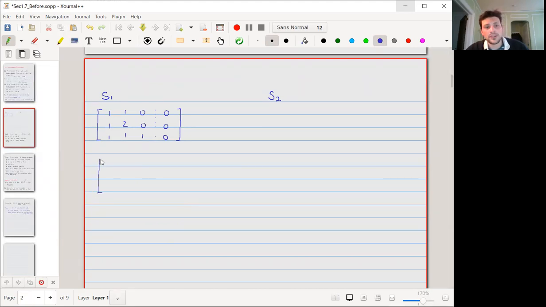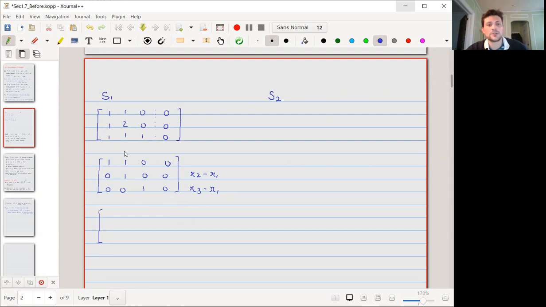The way to solve this system is the usual one. We'll use Gaussian elimination, which means that in the second row, I'll replace it with itself minus the first. So I'll get 0, 1, 0, 0. And the third row will be itself minus the first: 0, 0, 1, 0. Gaussian elimination is not quite completed.